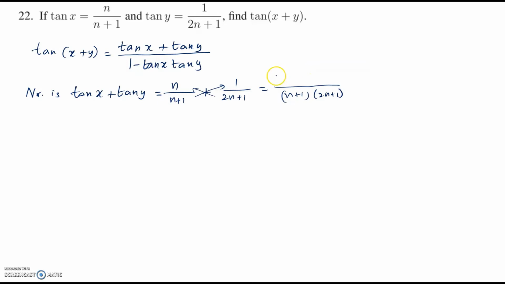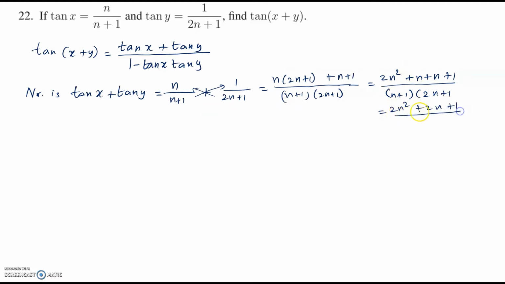So, you would get n into 2n plus 1 plus 1 into n plus 1, which is n plus 1. Further expanding this, this will be 2n squared plus n plus n plus 1, divided by n plus 1 into 2n plus 1, which is nothing but 2n squared plus 2n plus 1 divided by n plus 1 into 2n plus 1.